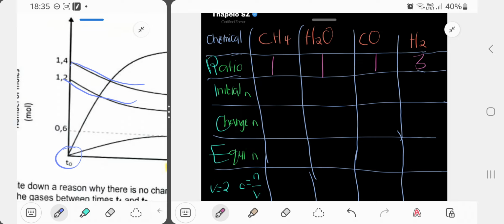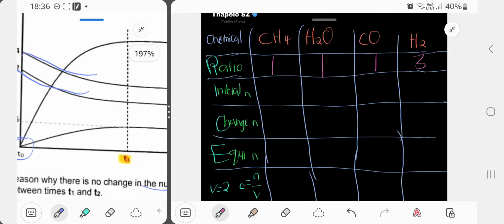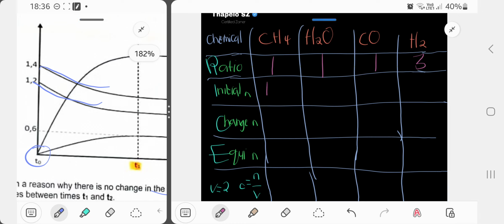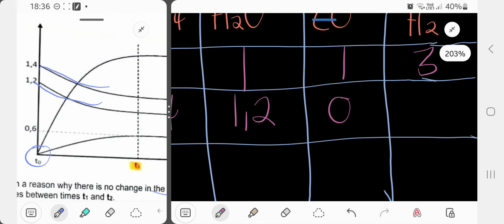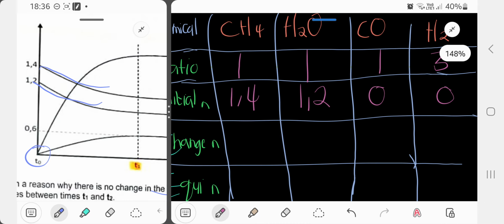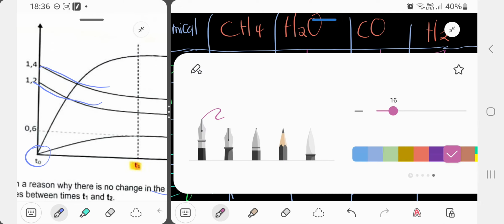In this case, for CH4, we started off with 1,4 moles. This is all in moles, guys. For H2O, we started with 1,2. And for these two, we started with 0 and 0. Now that we filled in what we had initially, let's understand something.